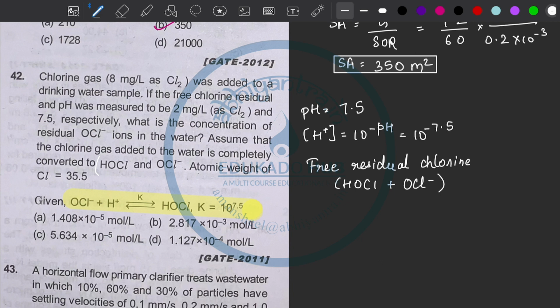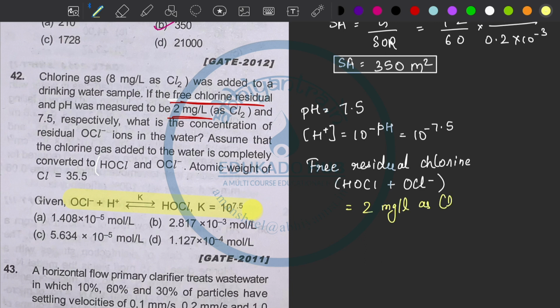Now the free residual chlorine value is equal to 2 mg per liter as CaCl2. I can write it as 2 mg per liter as Cl2. If I change it into grams, it will be 2 into 10 to the power minus 3 gram per liter as Cl2.